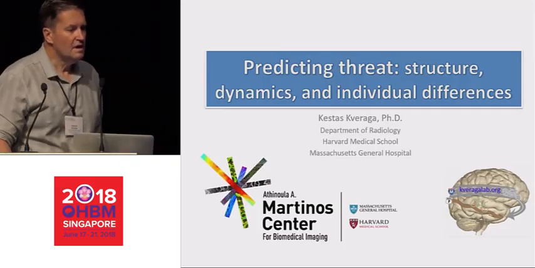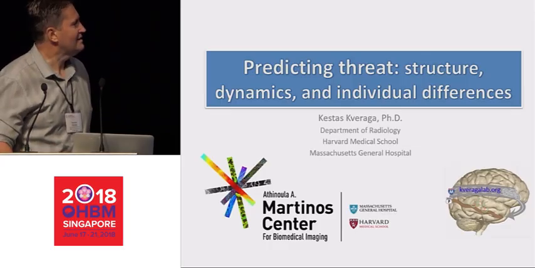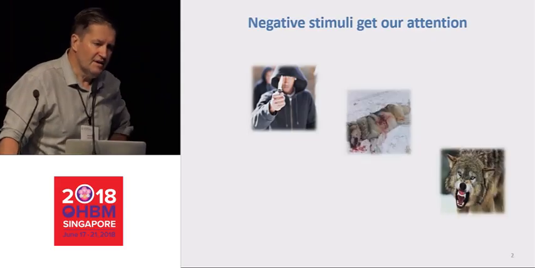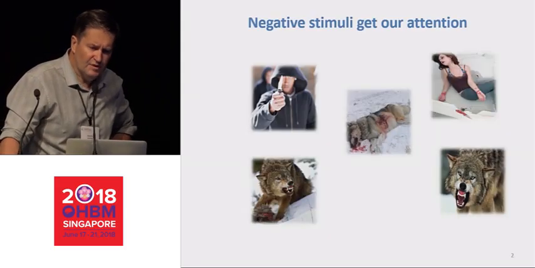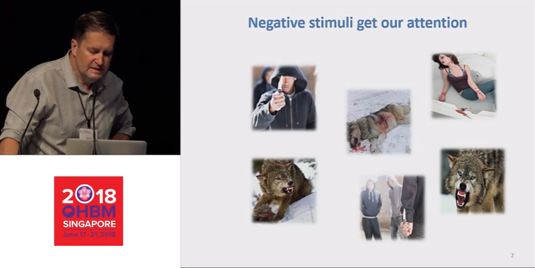So, negative stimuli get our attention. Whether a stimulus is good or bad is sort of the earliest and automatic determination that we make about a stimulus.